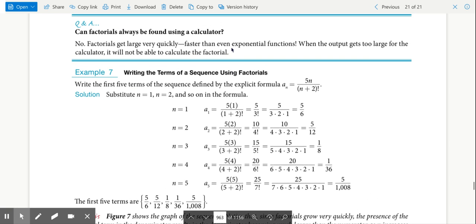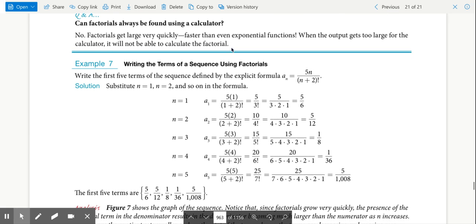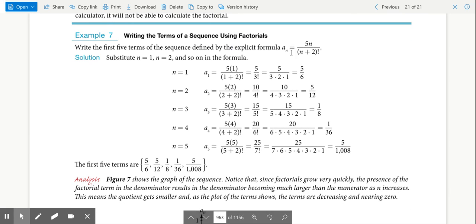Okay, so say you have this formula and you want to write the terms just like we did in all of the other examples. You're just going to plug in whatever term number in for n, so in both places. So if you're looking for the first term, you're plugging in 1, so that's 5 over 1 plus 2 factorial, which is 5 over 3 factorial.